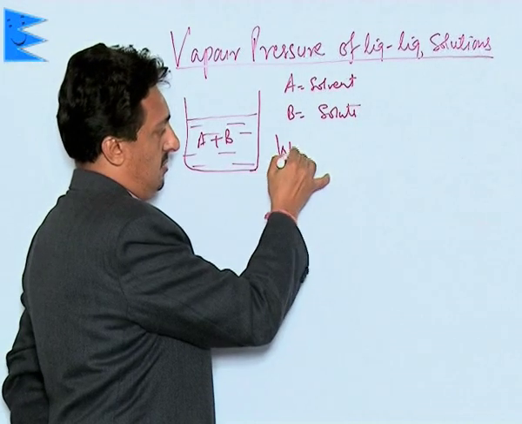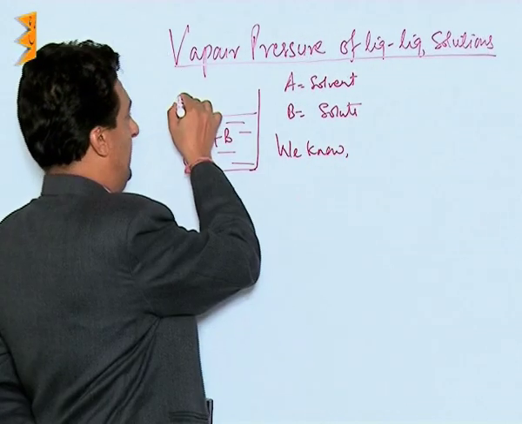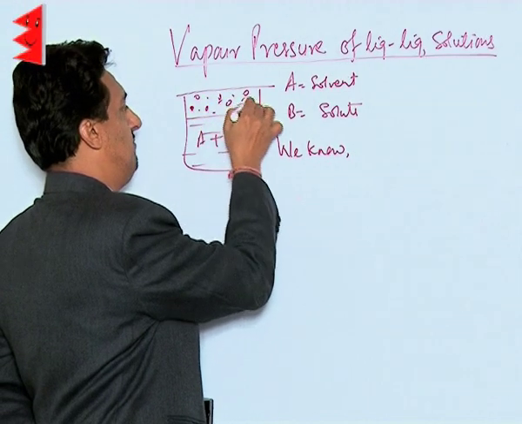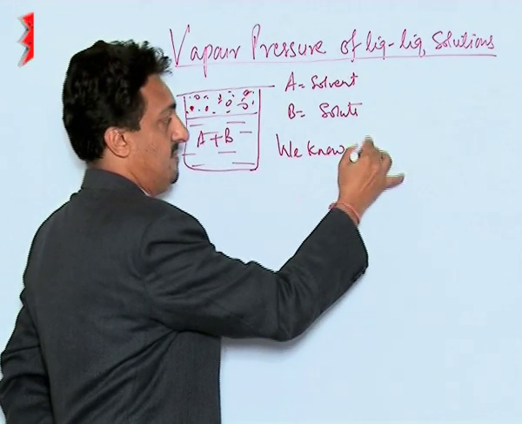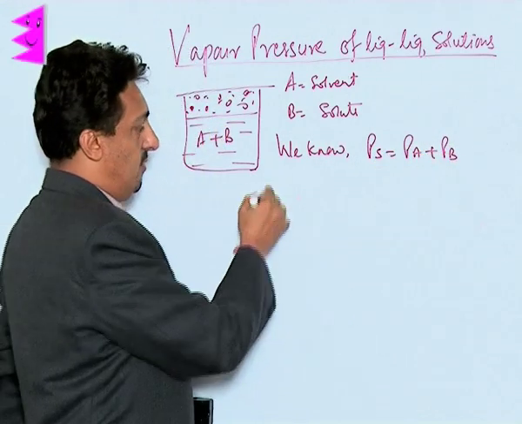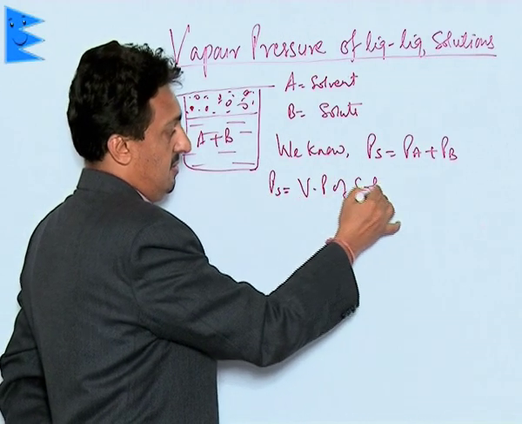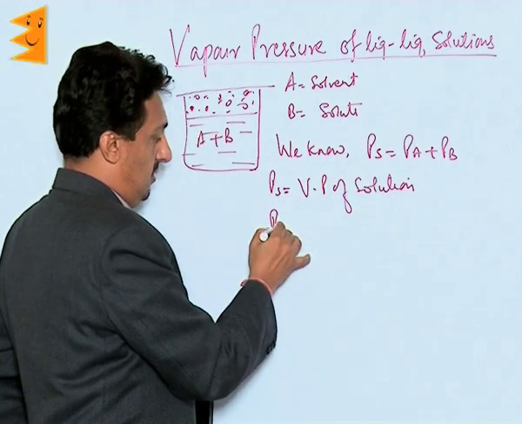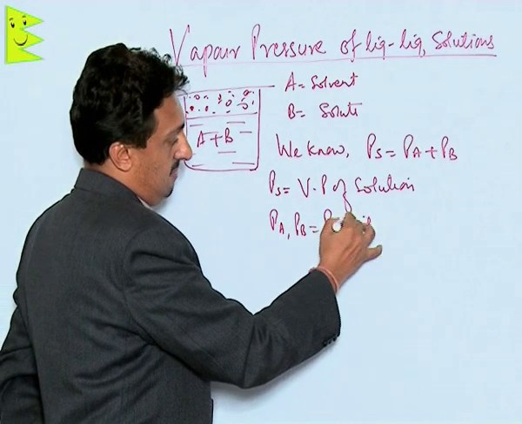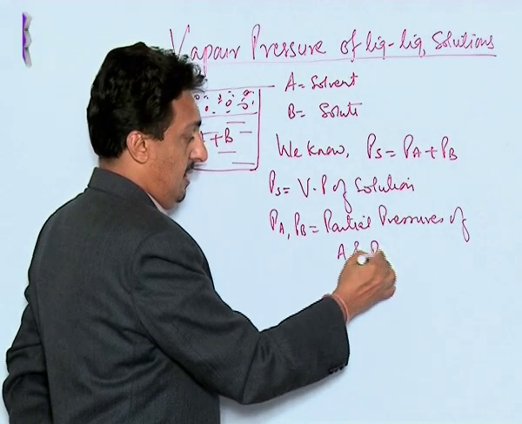We know from Dalton's law of partial pressure, since molecules of both A and B will be there in the gaseous state, PS will be equal to PA plus PB. PS is the vapor pressure of the solution, and PA and PB are the partial pressures of A and B.